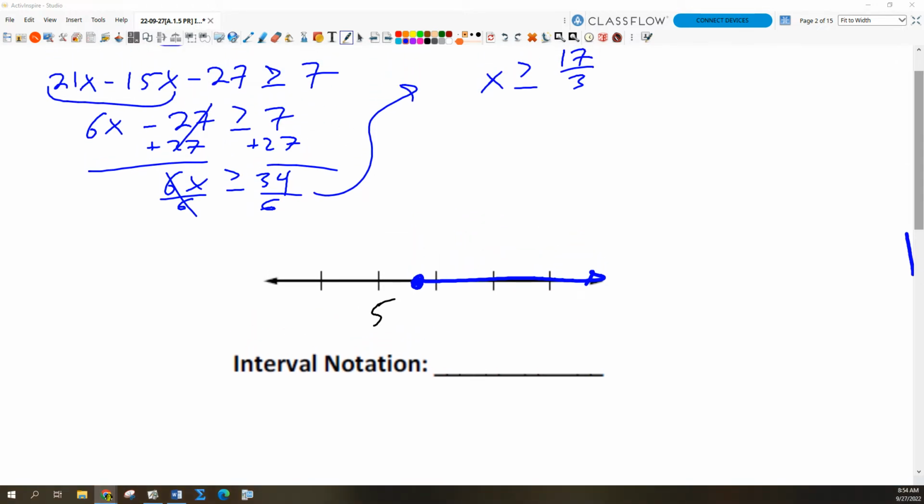What's that going to be in interval notation? There you go, bracket 17/3, comma, infinity parenthesis. Excellent. Okay, good.